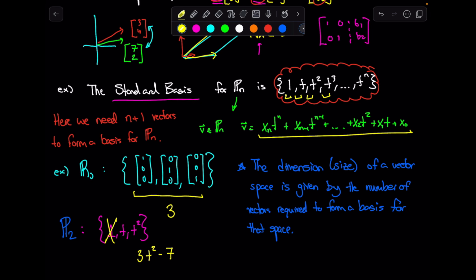You couldn't do it. You need that 1 there. And can I remove something else? Well, you can't remove t squared, because how would you build the polynomial t squared? Couldn't do it. And that inherently is the reason why we like these basis vectors. They're the minimum number of vectors we need to really get stuff done in a space.